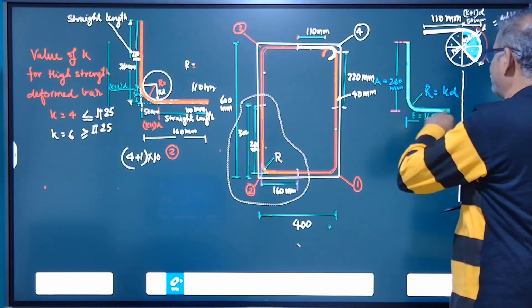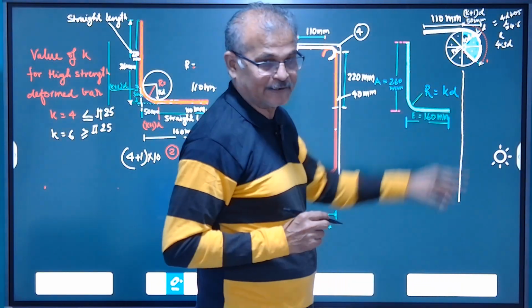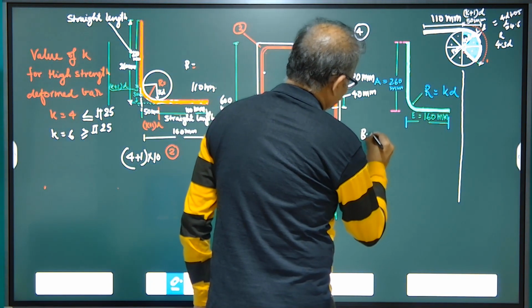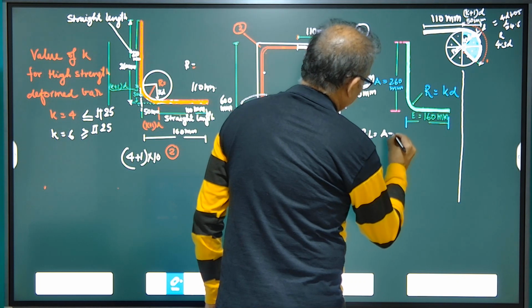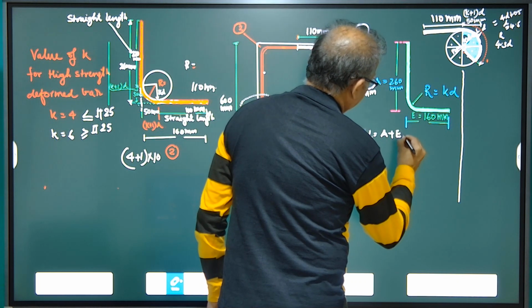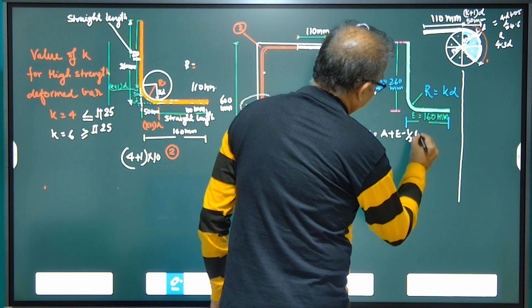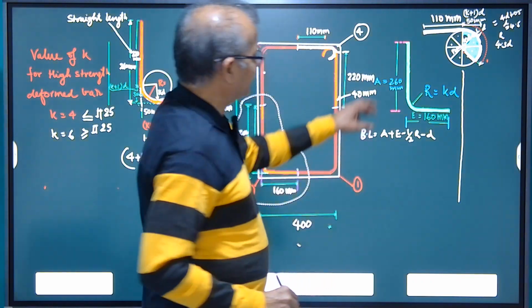The bend formula for calculating this bend length at the central line is A plus E minus 1 by 2 into R minus D.